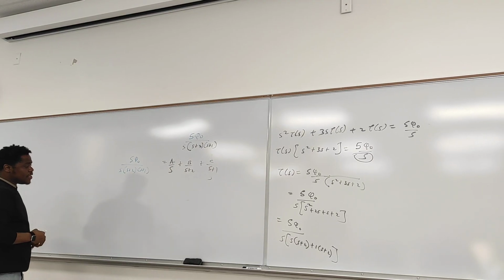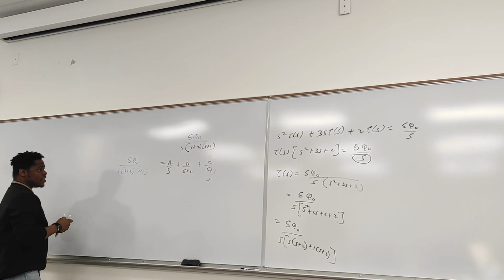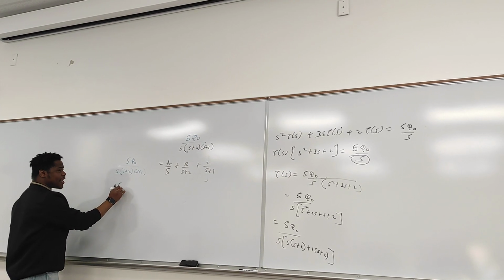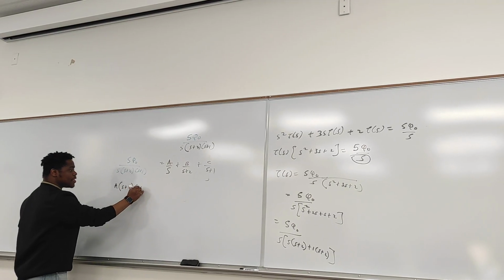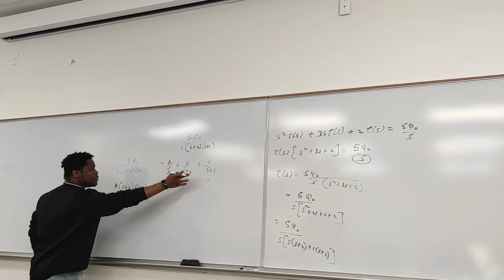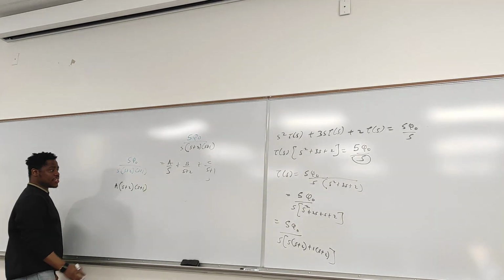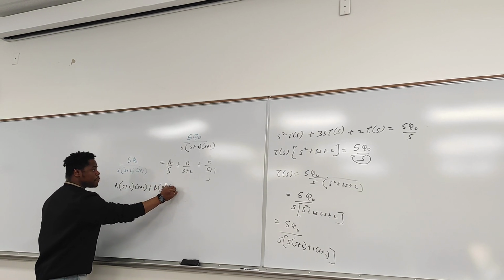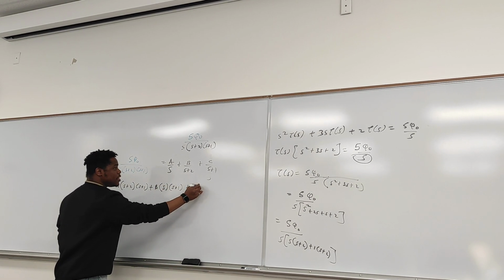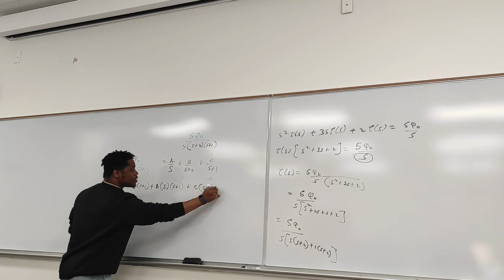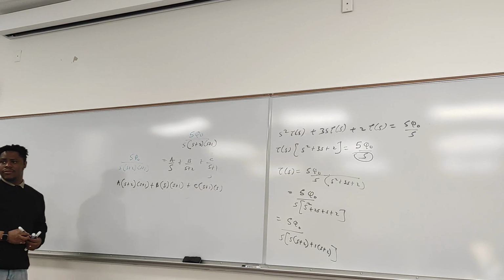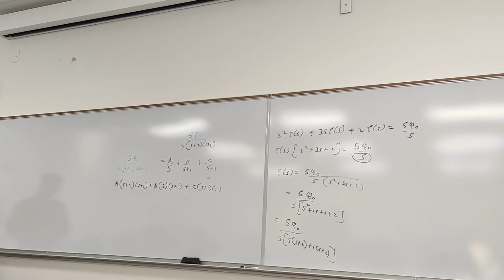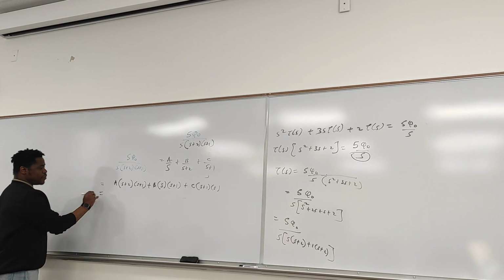Okay, so this gives us A into bracket S plus 2 multiplied by S plus 1, because A will take both of these, excluding the one he has, plus B into bracket S, S plus 1, plus C, S plus 2, S. You can do it yourself too, if you know how to do it. So most of you do.